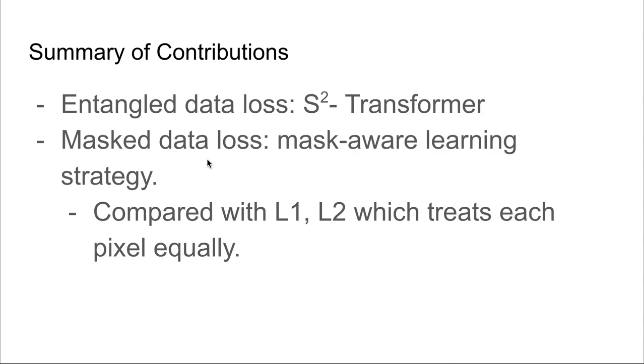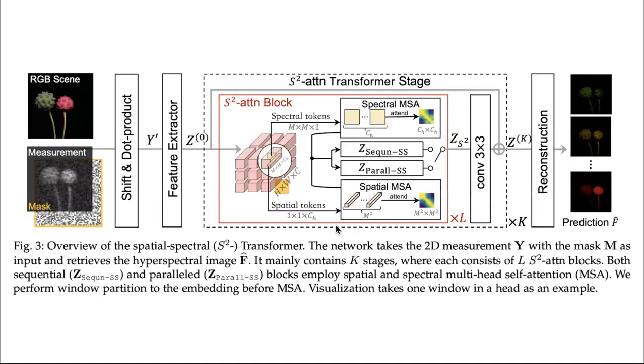And in order to tackle the second challenge, which includes masked data loss, they introduce mask-aware learning strategies, compared with L1 and L2, which are very typical but treat each pixel equally. And this is the main architecture for the first one, the transformer.